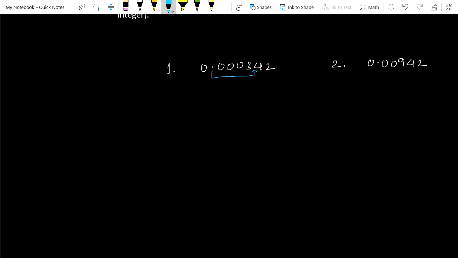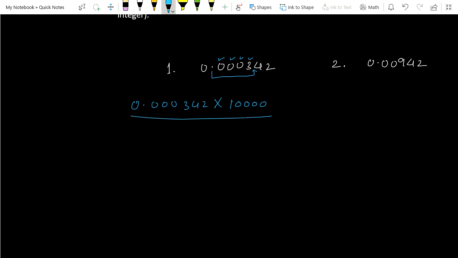That means we have to shift the decimal by 1, 2, 3, 4, that is 4 places. If we are interested to shift the decimal 4 places, we have to multiply this number by 10,000. So the number is 0.000342, and if we multiply the number by 10,000, the decimal will shift towards right side 4 places.